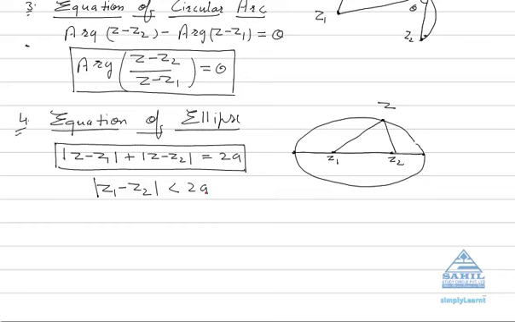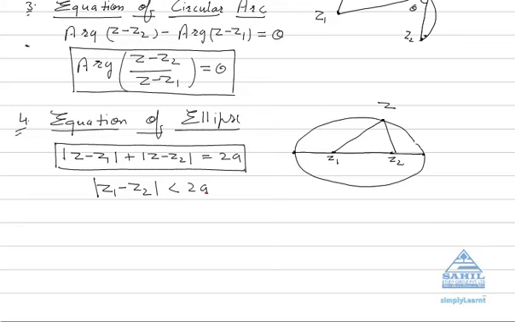This equation can be obtained just by the definition of the ellipse: the sum of distances from a variable point to the two fixed points, the foci, is always constant, and that constant length is the length of the major axis, 2a.